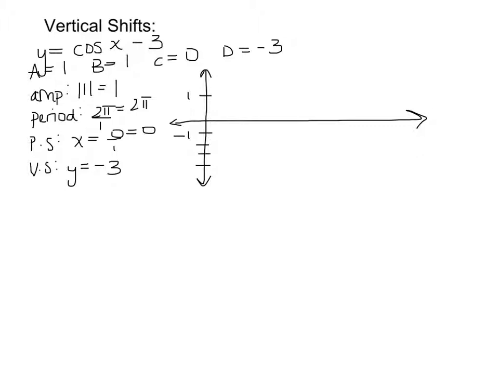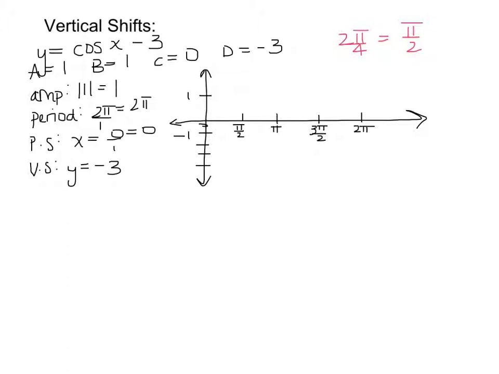And you still take your period and divide it by 4, which is pi over 2. So we're starting at 0, and I'm doing pi over 2, 2 pi over 2, 3 pi over 2, 4 pi over 2, which is 2 pi.